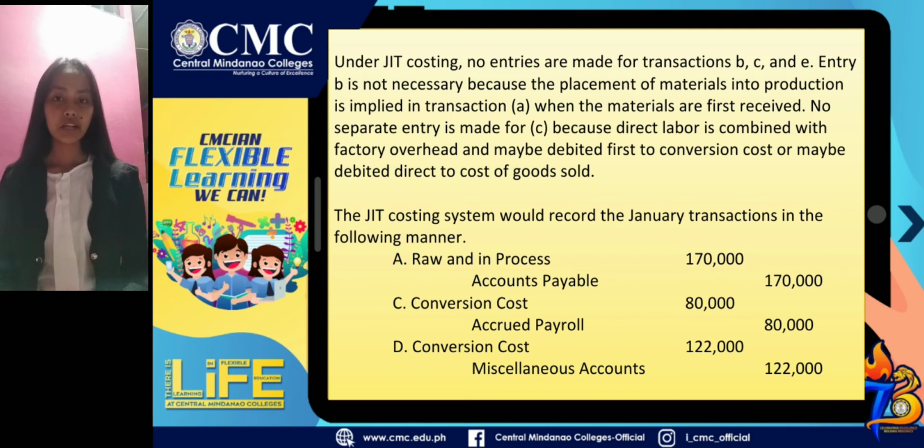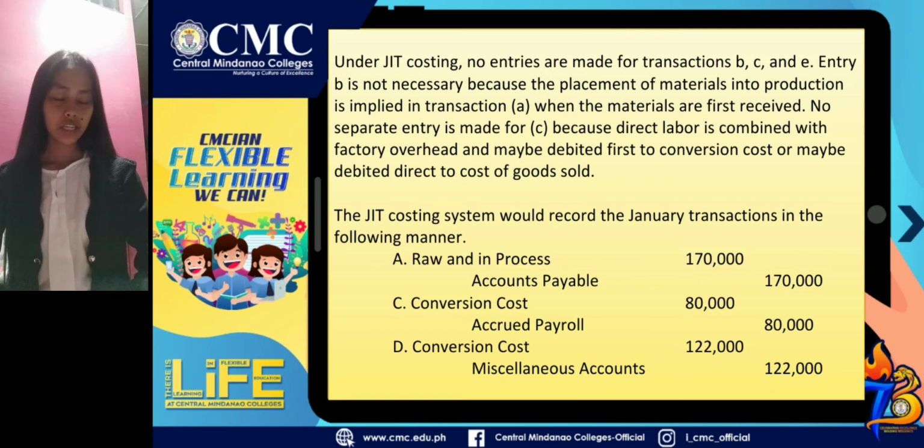So, it means, iisa na lang yung dalawa or gina-combine yung dalawa. Or maybe kaya po walang entry yung transaction C natin kasi baka nauna na siyang ma-debit sa ating conversion cost. Or maybe na-debit na siya directly sa ating cost of goods sold.